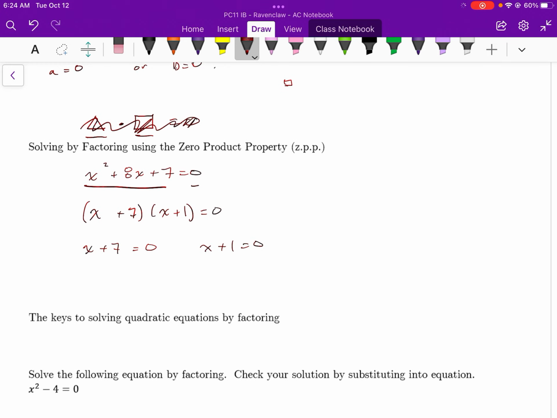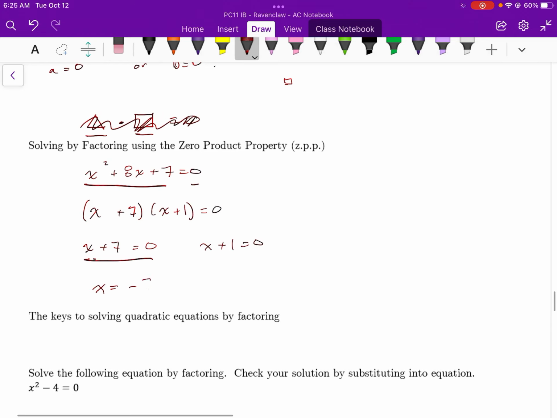So really, my next step here, if my first factor, x plus 7, is equal to 0, this implies that x is equal to negative 7, if you subtract 7 from both sides. And my second factor, x plus 1, is equal to 0. This implies that x is equal to negative 1, that is, if you subtract 1 from both sides. So therefore, x is equal to negative 7, negative 1 are solutions.